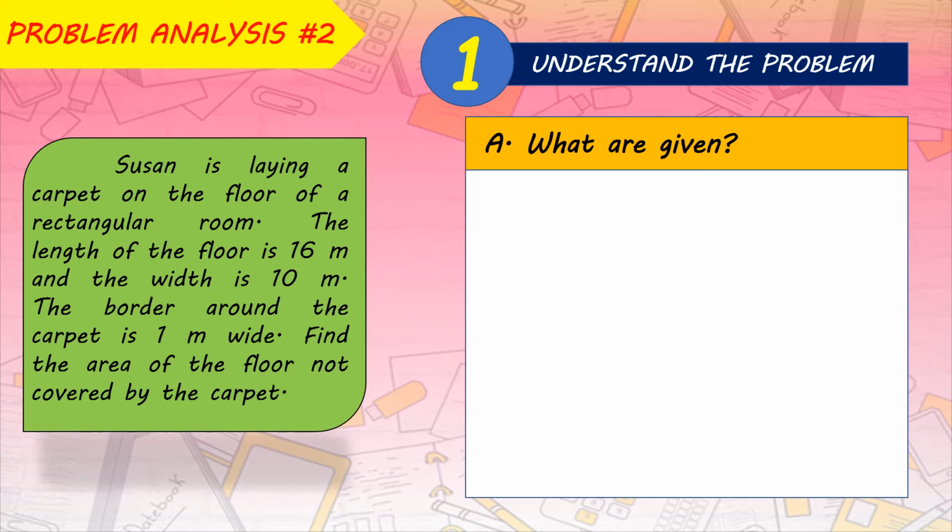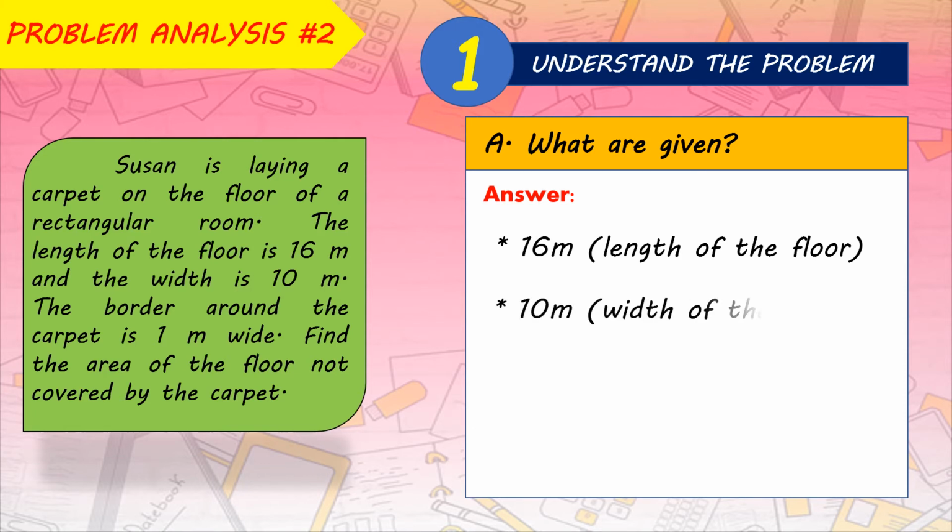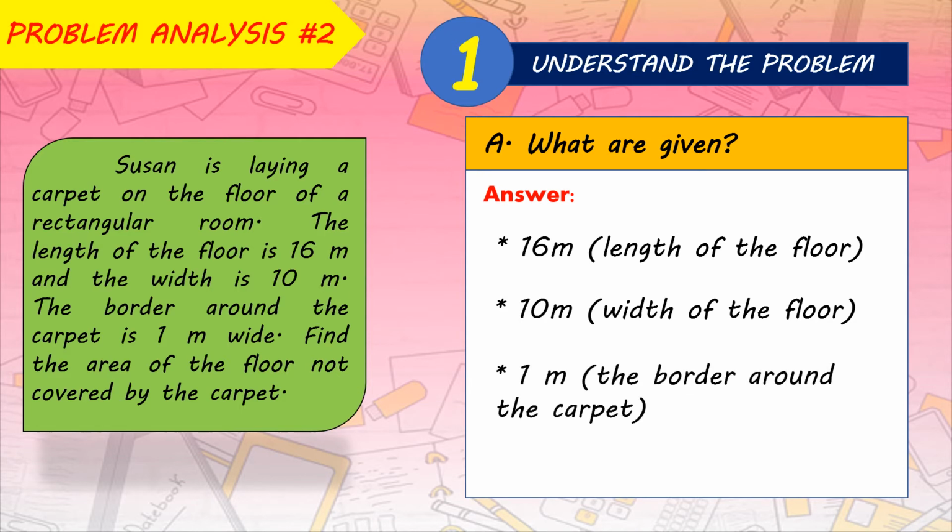Based on this problem, what do you think are the givens? Very good. First, we have 16 meters, which is the length of the floor. Second, we have 10 meters, which is the width of the floor. And the third one is the 1 meter, which is the border around the carpet. Very good.